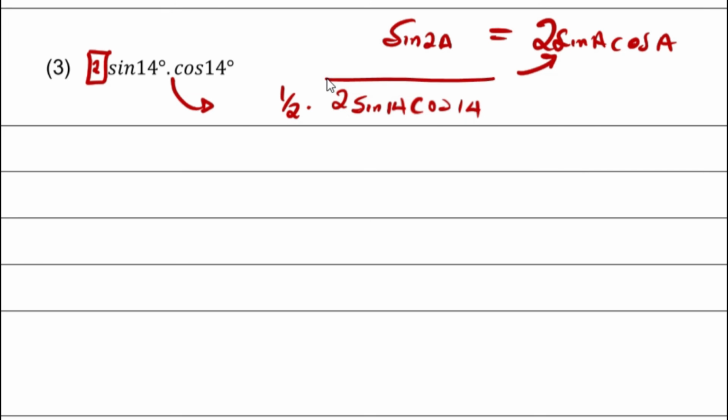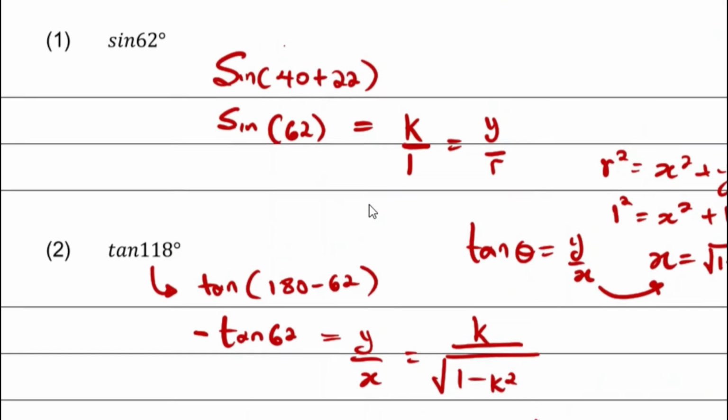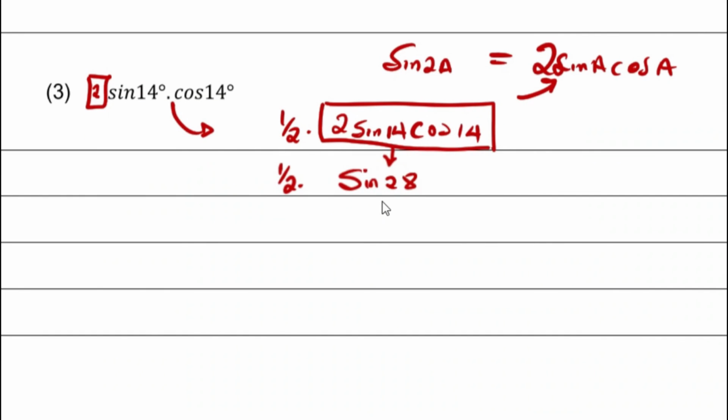Now this is a sine double angle identity. This here would give you sine 28. And since we need cos 62, sine 28 can be changed into cos 62 due to co-ratios.